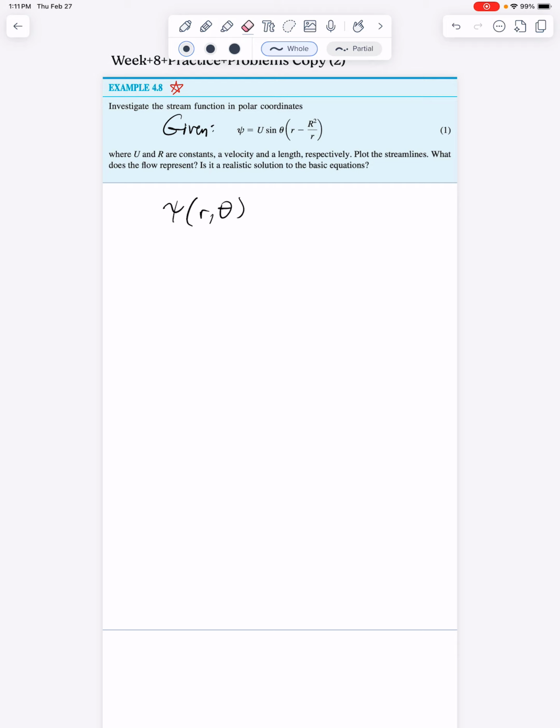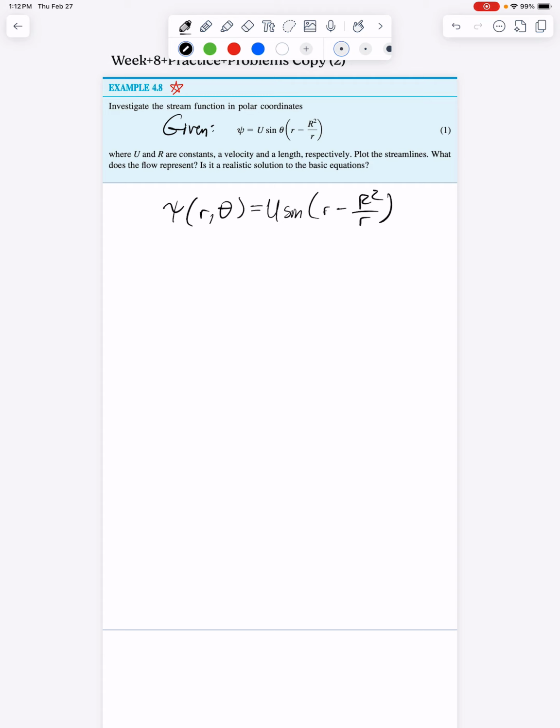And this is equal to U sine theta times lowercase r minus uppercase R squared over lowercase r. The thing about the psi is what makes this a family function. Substituting in different arbitrary values for psi then gives you different streamline plots, which are basically different paths in which fluid particles can travel through your flow field. So therefore, the left-hand side is going to be a constant in the end.